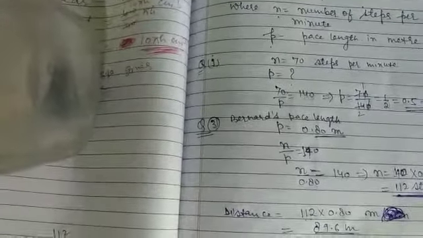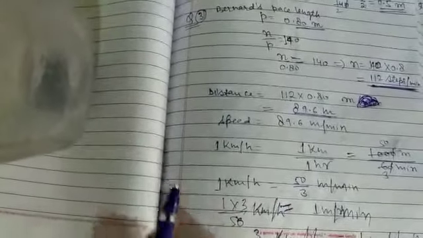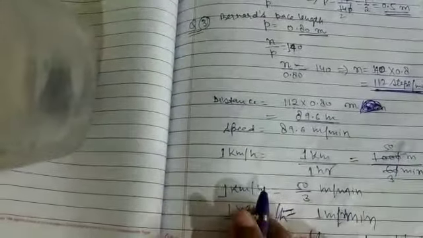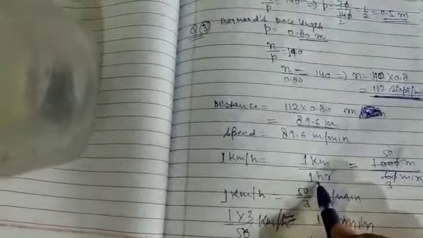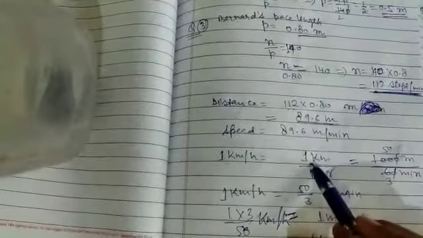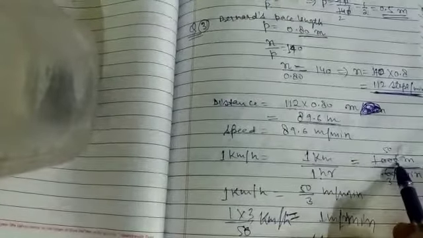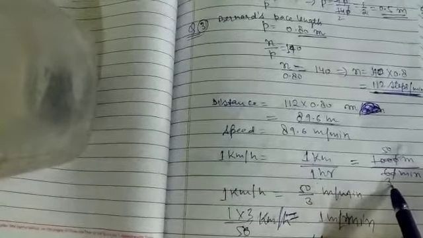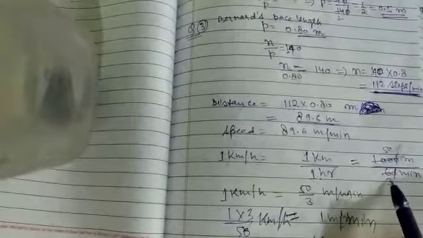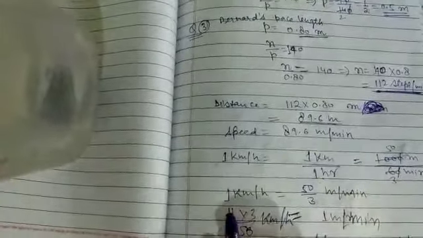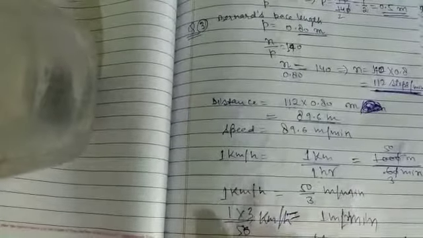Now we have to convert this speed into kilometer per hour. Now see, 1 kilometer per hour is equal to 1 kilometer upon 1 hour. Now convert this into meters. This will be 1000 meters, and 1 hour is 60 minutes. So this will be 50 upon 3 meter per minute. Means 1 kilometer per hour is equal to 50 upon 3 meter per minute.